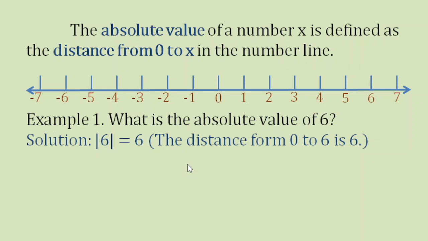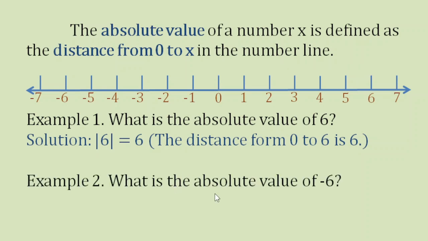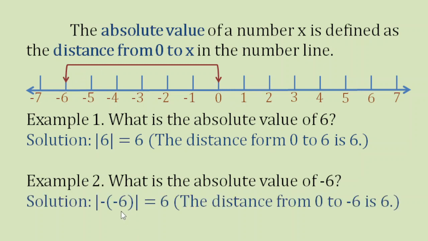How about this example? What is the absolute value of negative 6? The absolute value of negative 6 is the distance from 0 to negative 6. So what is that? The absolute value of negative 6 is just positive 6.